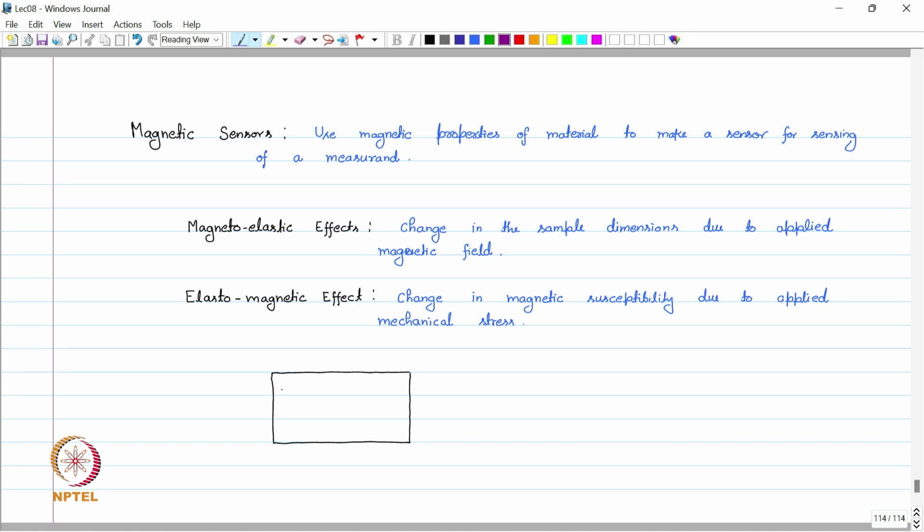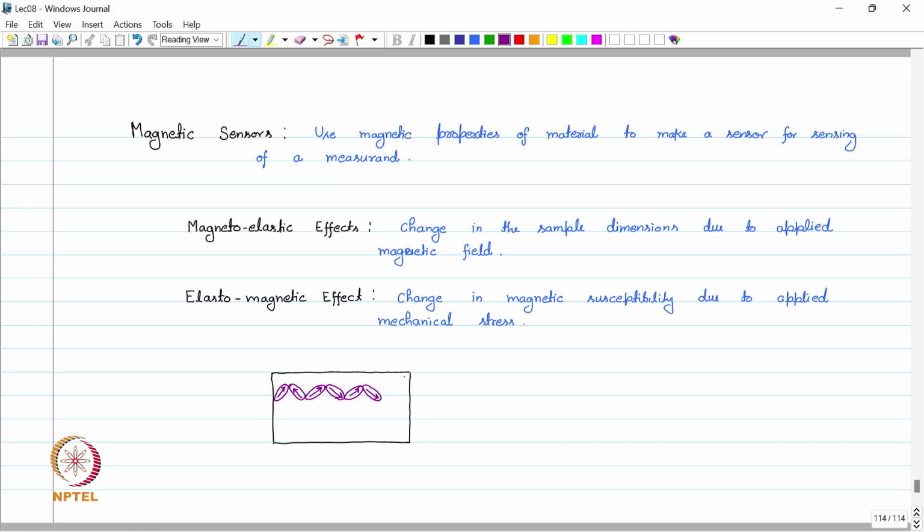When these magnetic dipoles are not aligned, let's say this is one dipole and the direction is like this, we have a second dipole, so right now they are randomly arranged.